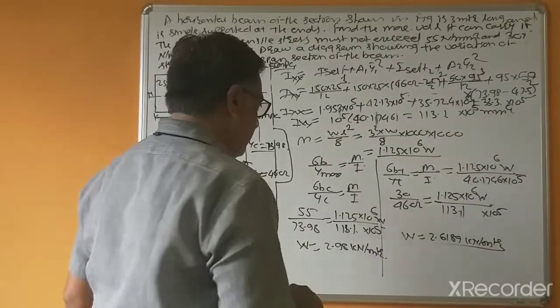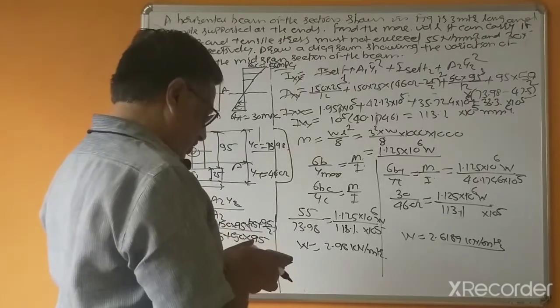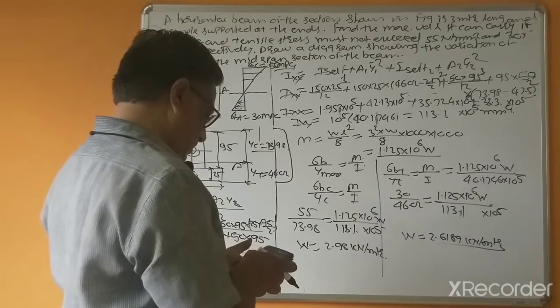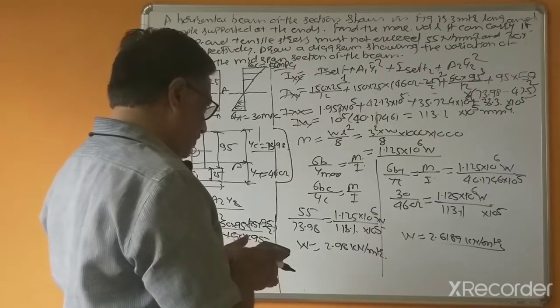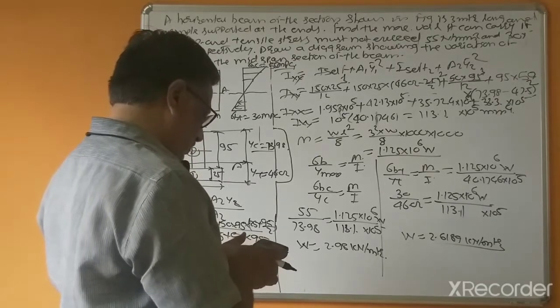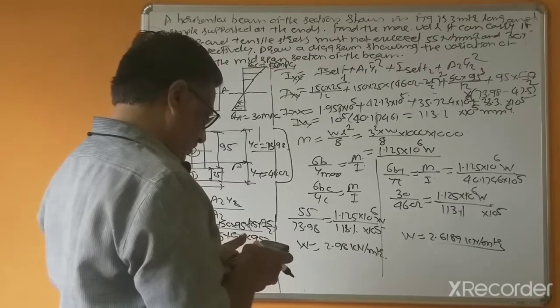So this is 2.61, and this is 30 into 113.1 into 10 to the power 5 divided by 46.02 divided by 1.125 divided by 10 to the power 6.